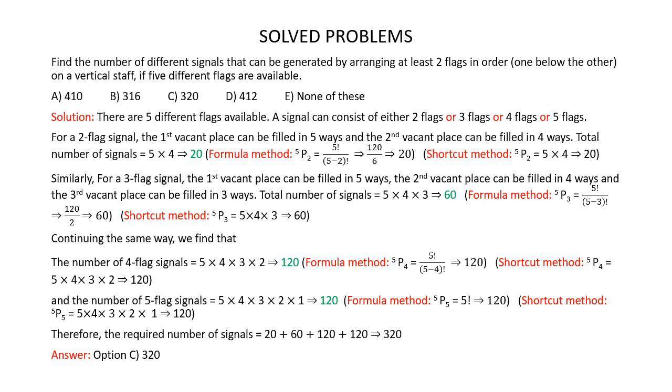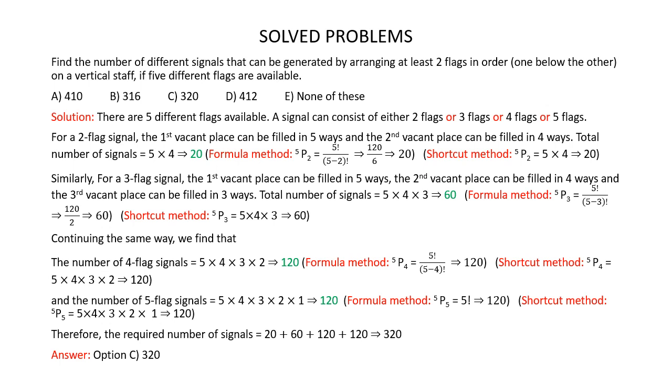Similarly, for a three flag signal, there will be 3 vacant places, one below the other on the vertical staff. Now the first vacant place can be filled using any of the 5 flags available. So the first vacant place can be filled in 5 ways. Now since one flag is used to fill the first vacant place, there will be only 4 flags left now.